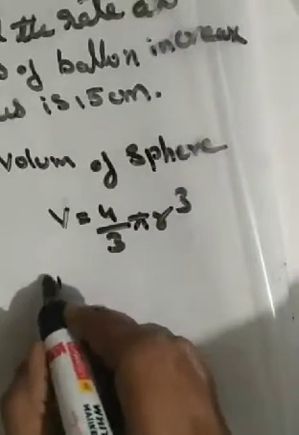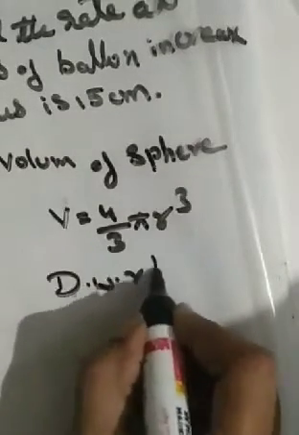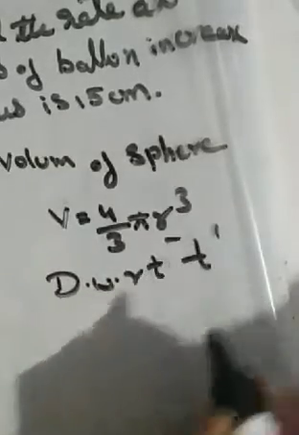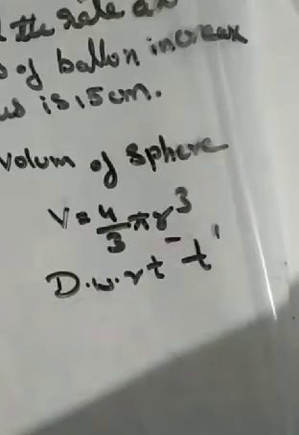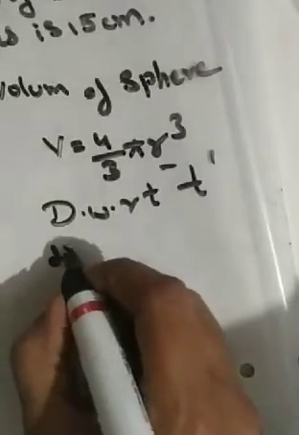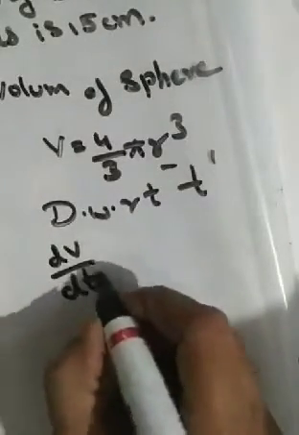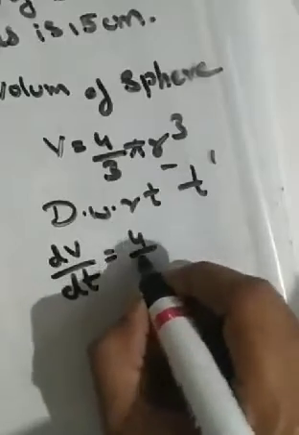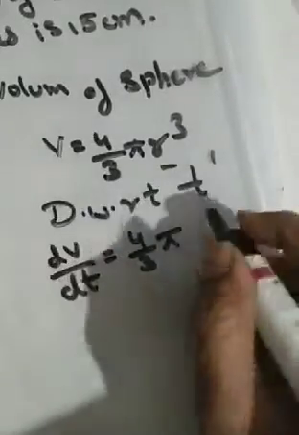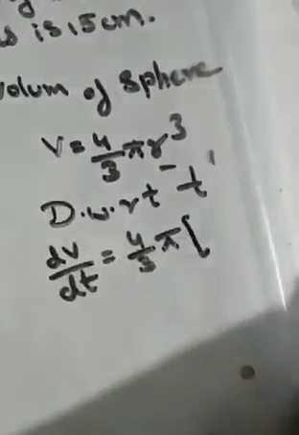Now you differentiate it with respect to t. What is the V derivative? dV by dt. 4 by 3 pi. What is the r derivative?